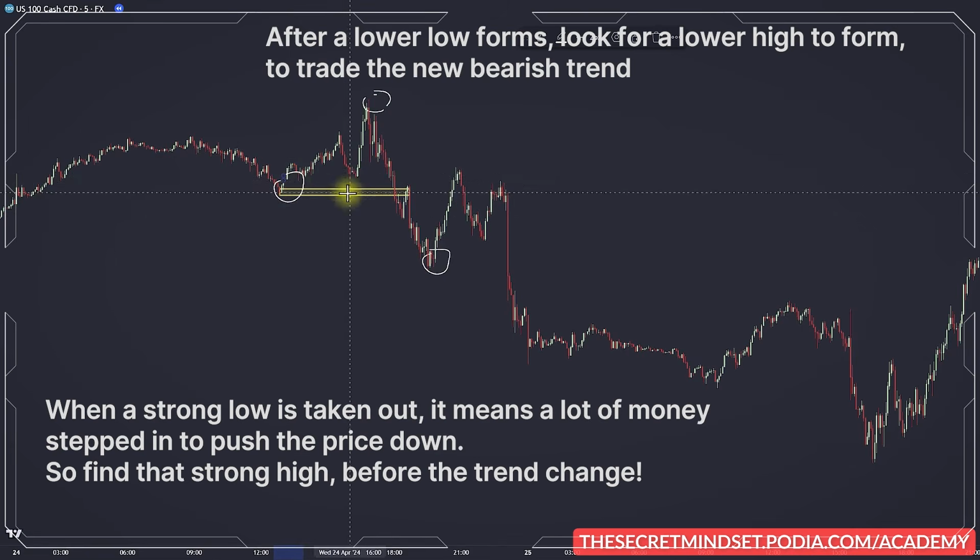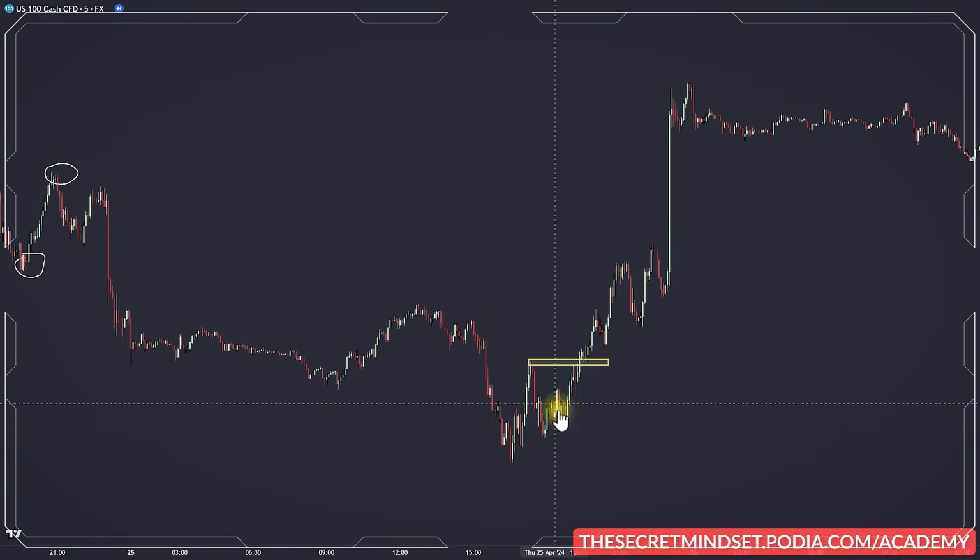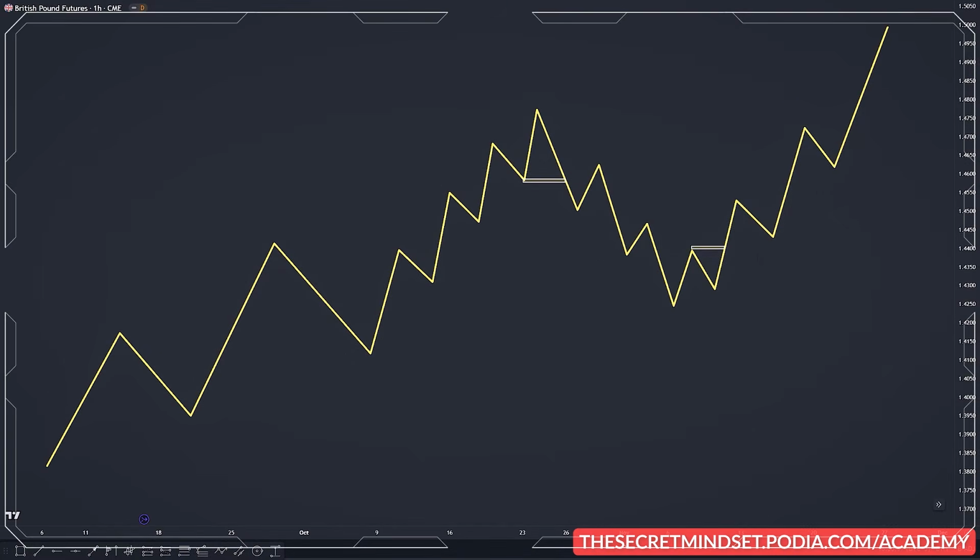This creates a strong high. We can use this to build our trade ideas. The same applies in reverse, for a bearish to bullish trend change. We look for that higher high, then try to catch the higher low that follows. These changes of character aren't perfect. They will often give false signals because we bet on a reversal.